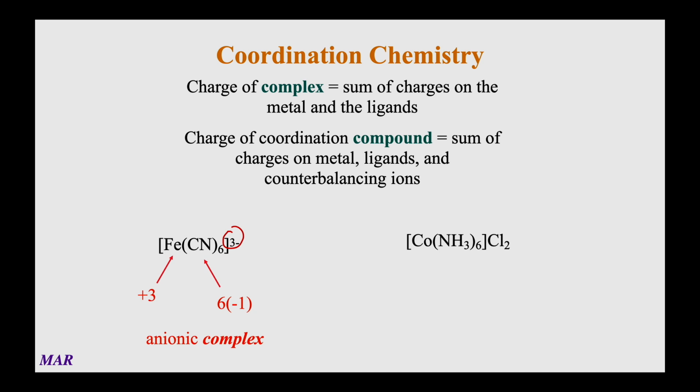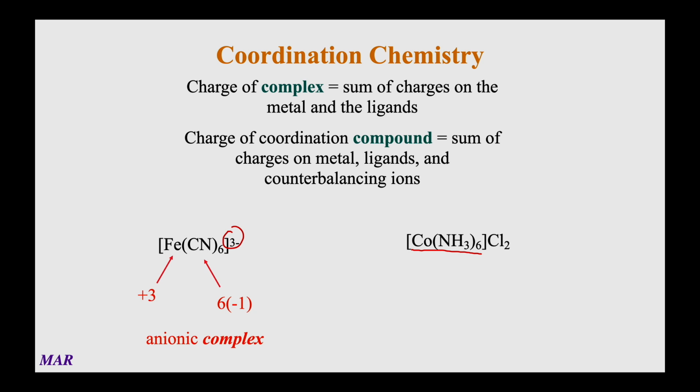On the right-hand side, we have a compound, a coordination compound. But if you look carefully, there's a part in square brackets, and there are chlorides on the outside. The part in square brackets, that's a complex ion. So what we'll do is figure out what the charge is on the cobalt first, and then figure out what the rest of it is later.